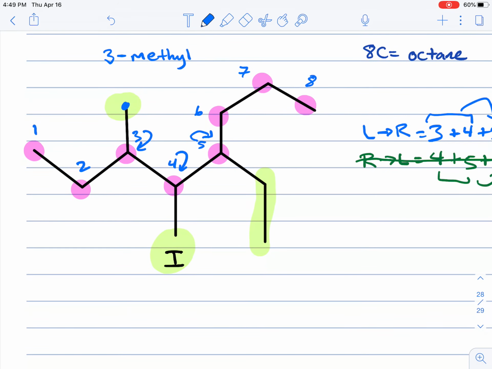And on the fourth carbon, it looks like we have an iodo. Okay, so then the last thing that we have here is on carbon 5, we have 1, 2 carbons, so that's going to be an ethyl.